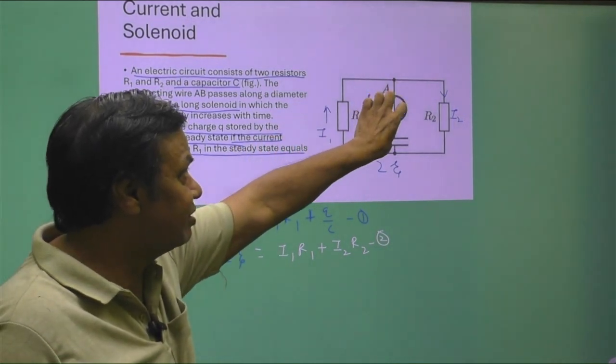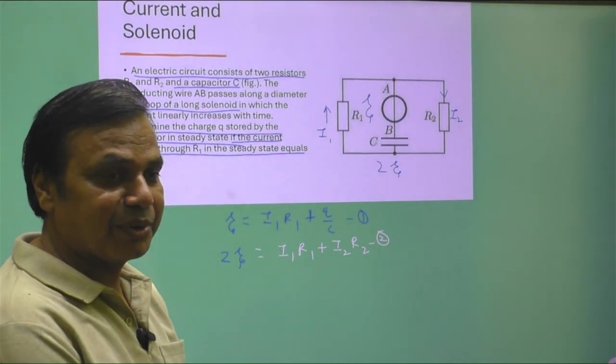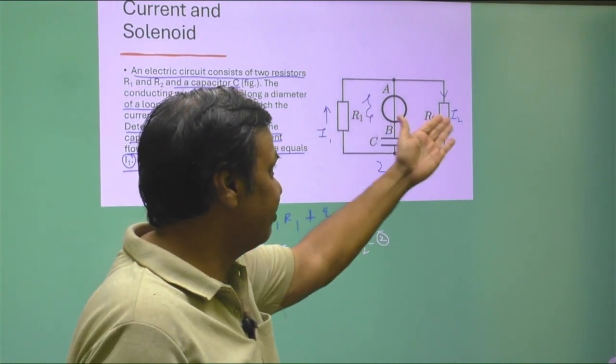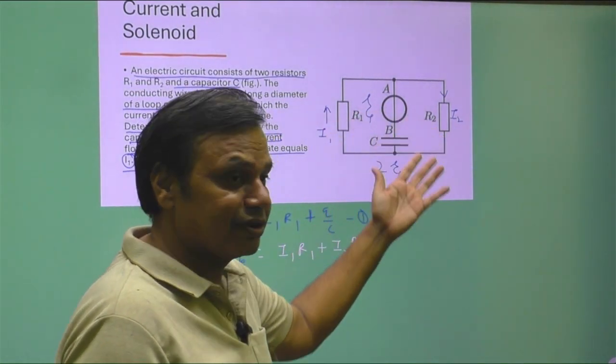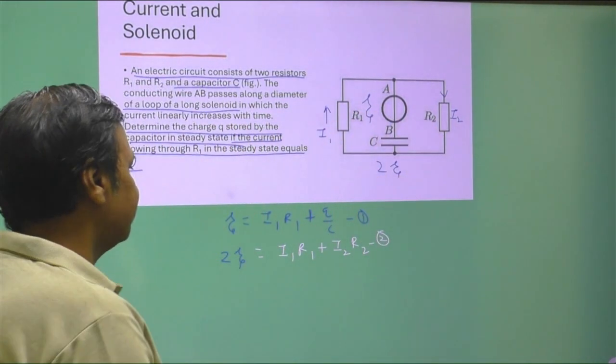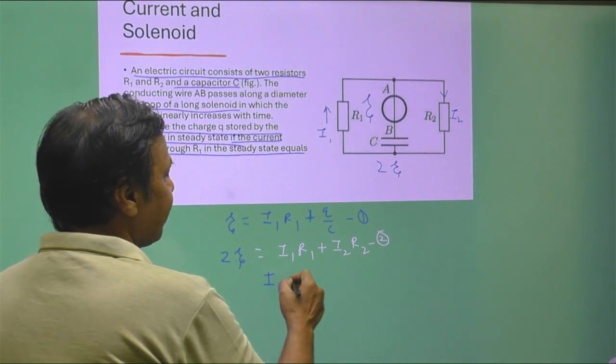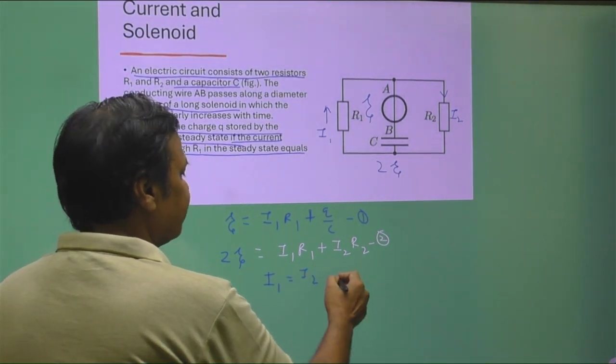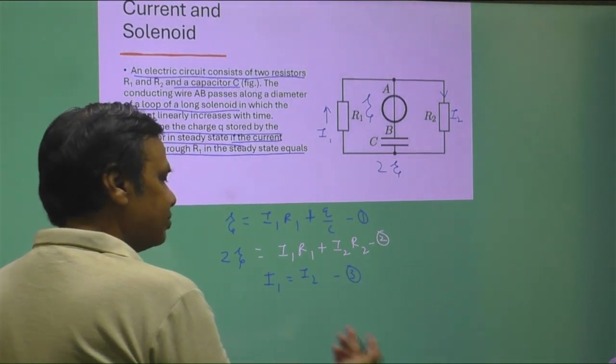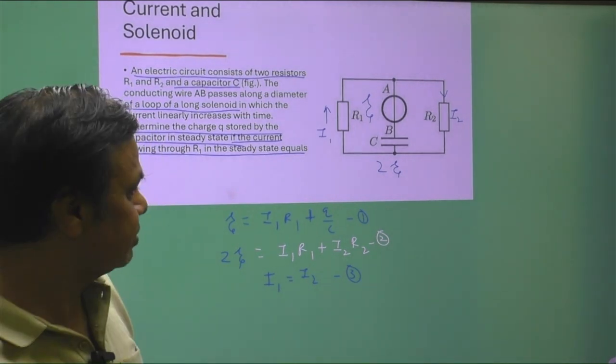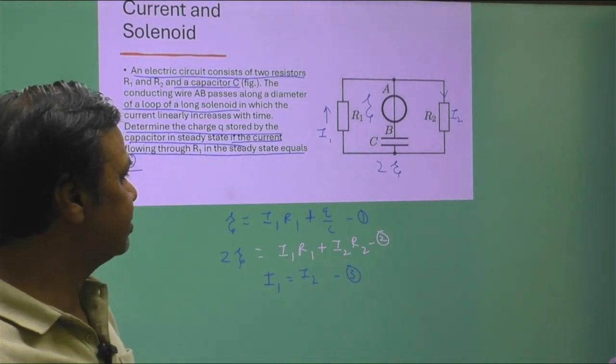Only current passes through these resistors. That means I1 equals I2. So in a steady state, I1 is equal to I2. You can find the charge Q, and the problem is solved.